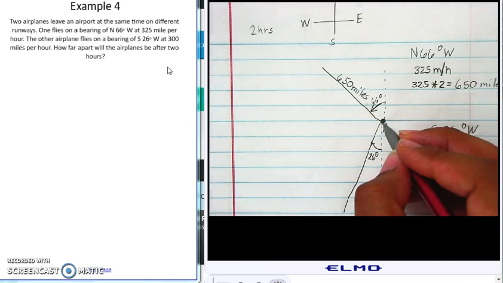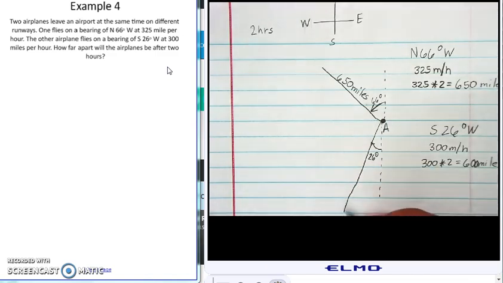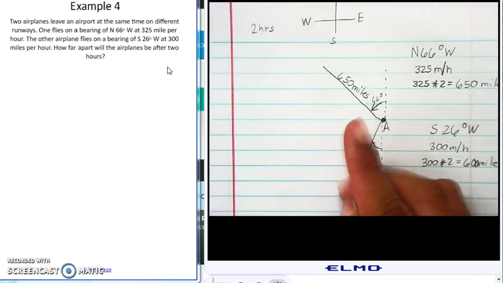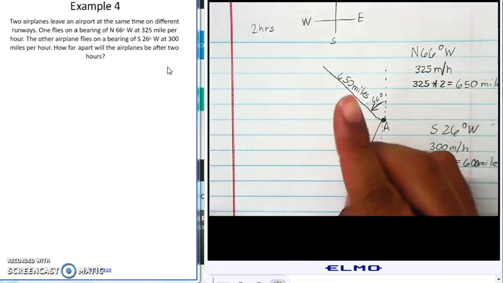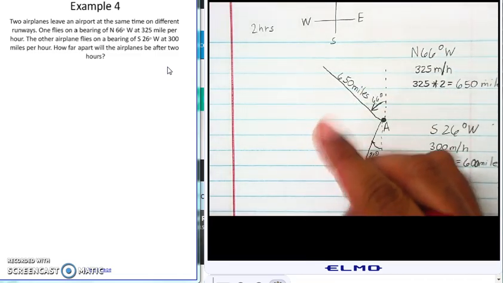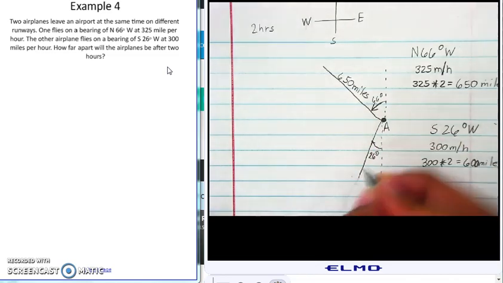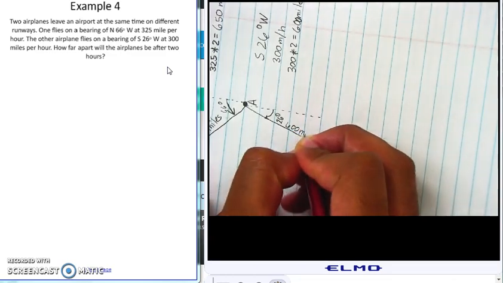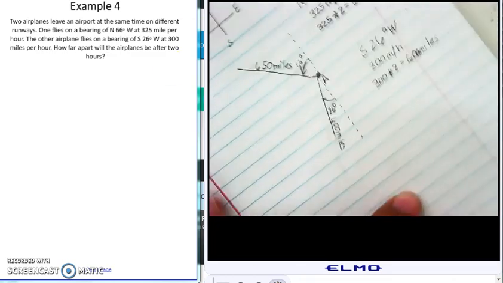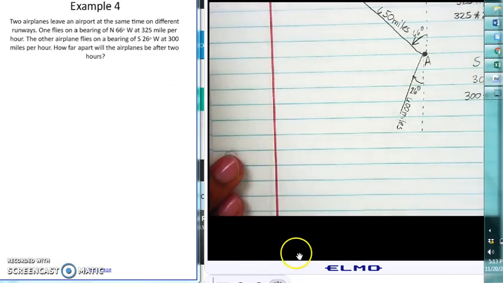All right, so from the airport to wherever it stopped is 600 miles. So I'm going to shorten this line a little bit because it should be less than this one up here. And this one here is 600 miles for that side.